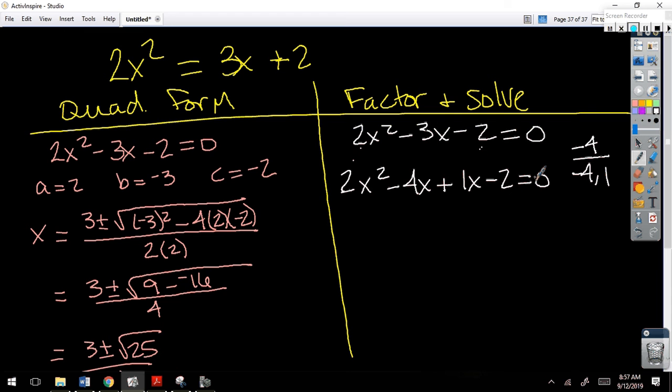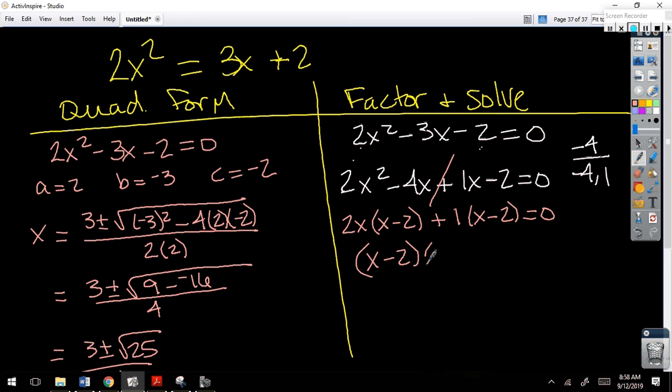What can you take out of the first two? 2x. What's left? Shh, girls. Middle sign. What can you take out of the second two? 1. What's left? What does it look like factored? Yep. Either way you want to write it, the order doesn't matter.